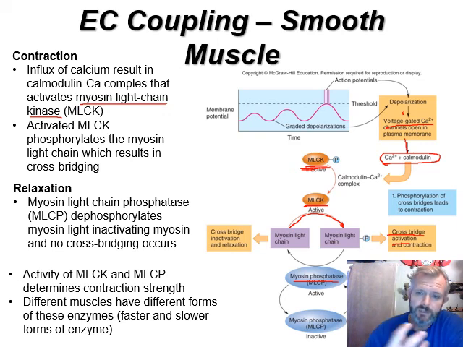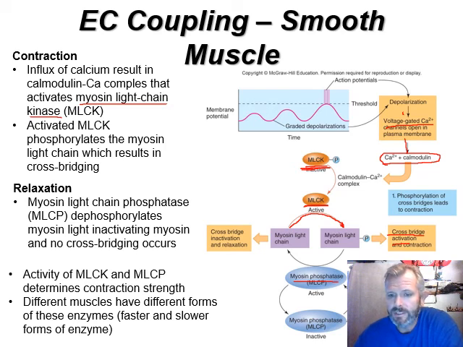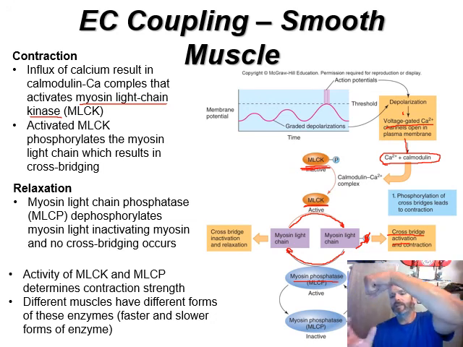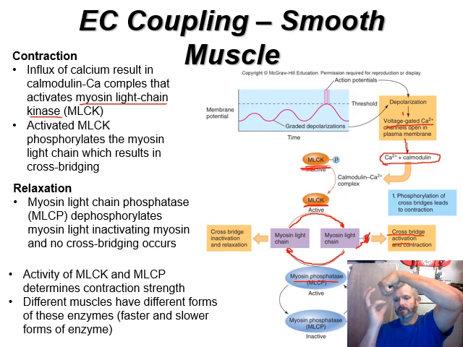When calcium levels go lower, this opposite protein, the myosin light chain phosphatase, becomes activated. And it's going to do the opposite. It's going to remove this phosphate. And when the myosin light chain is not phosphorylated, the myosin head will not bind. Unphosphorylated light chain will not bind.